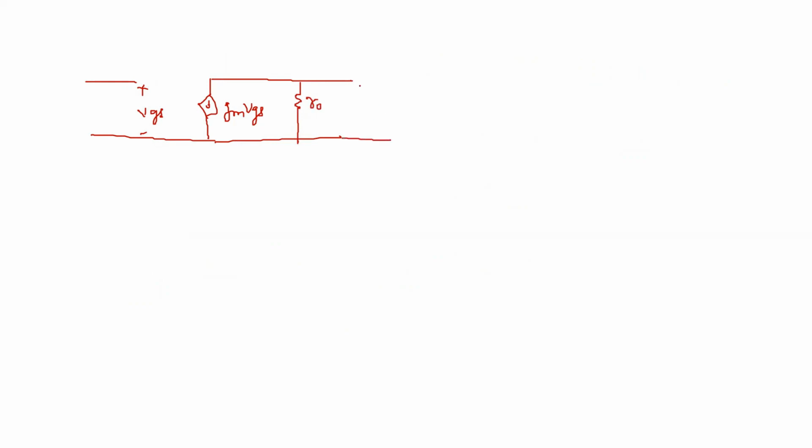So lambda is non-zero, meaning this R naught will come into the picture. And second thing, this current source, GMB VBS. So this is your drain and this is your source. This is your gate where Vin is applied. And this is your drain. And after that, we are taking the output across this RD.